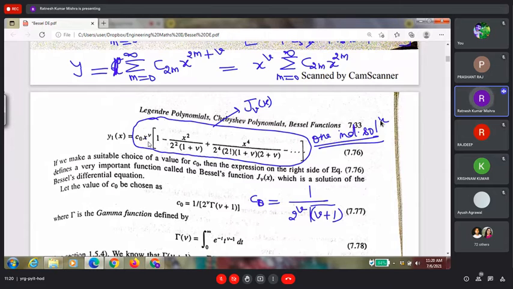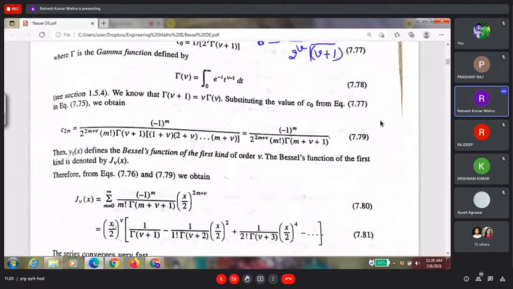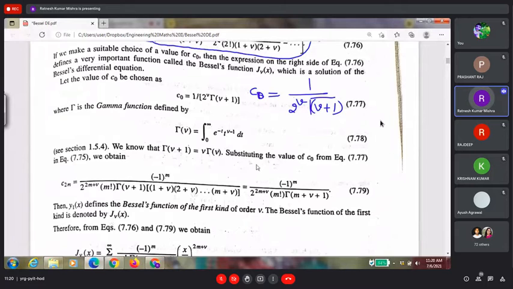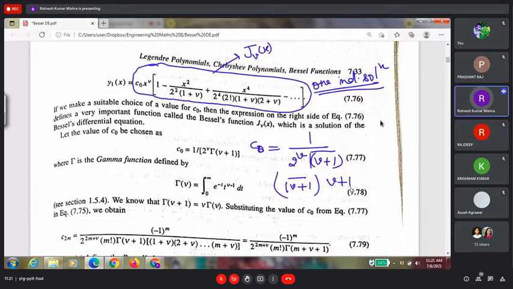If you substitute here, x to the power v divided by 2 to the power v, so we can write (x by 2) to the power v, multiplied by 1 by gamma v plus 1, minus x square by 2 square, meaning (x by 2) whole square, and gamma v plus 1 into v plus 1.